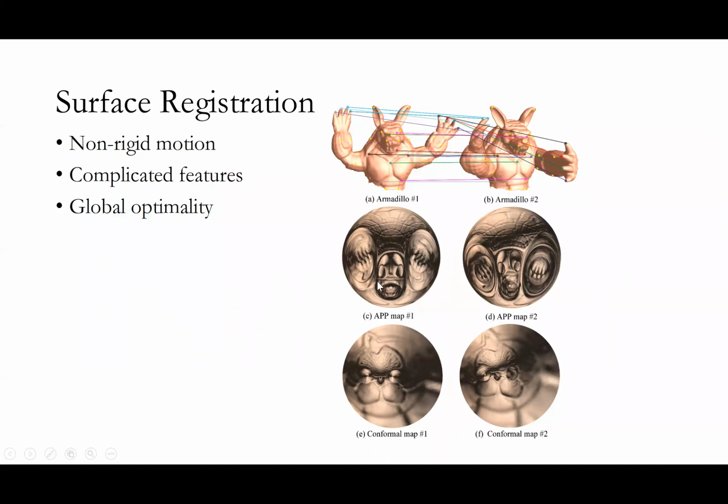Then we compose it with an optimal transport map. Then we can enlarge the fingertips or the ear tips. The armadillos have different postures, but they are very close to an isometric mapping. Then on the 2D domain, the mapping is very close to the identity. So then we can find the corresponding fingertips automatically, like the one shown here.